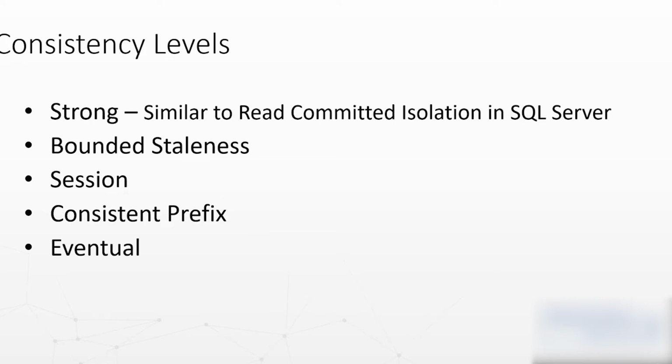The other option with bounded staleness is that you can choose, instead of time, so instead of 10 seconds, you could say 10 operations. I'm okay with it being 10 operations out of sync, or I think all the way up to like 1 million, which, if you're going at that level, maybe it doesn't matter as much.